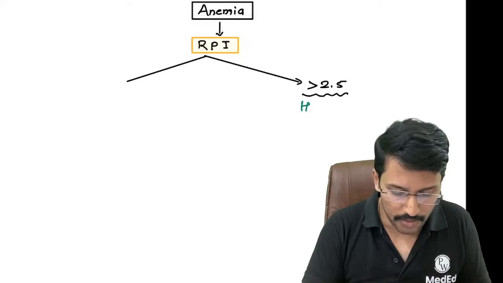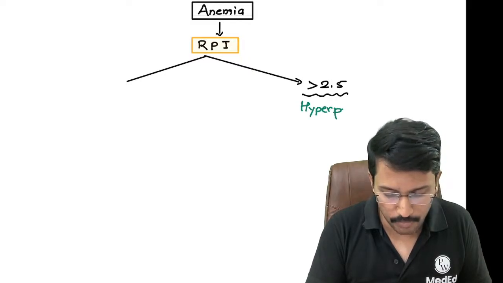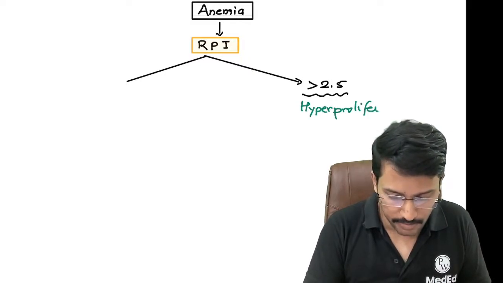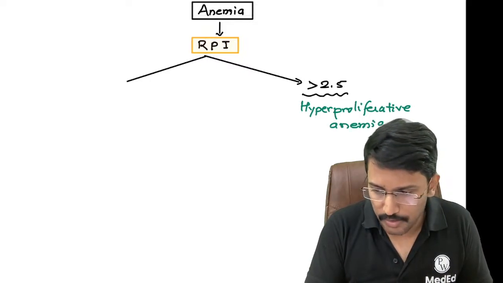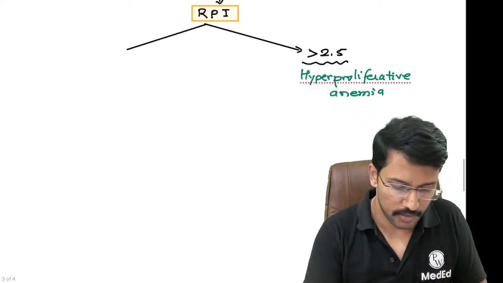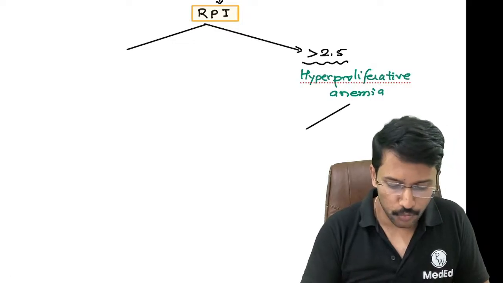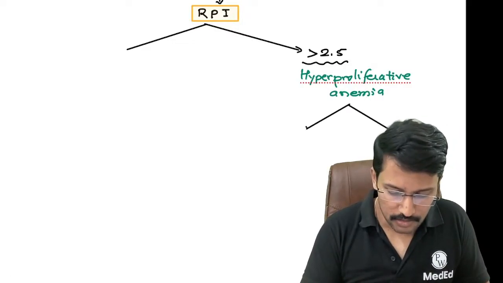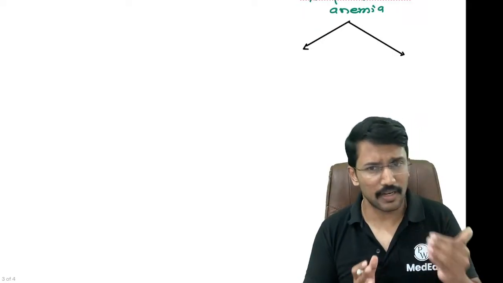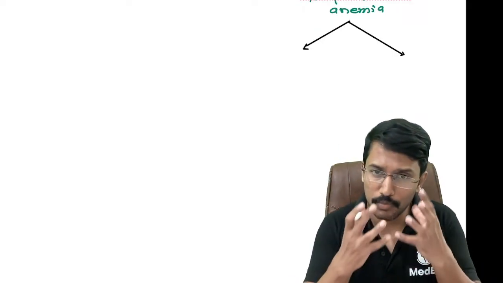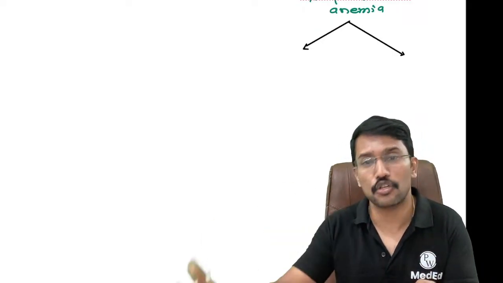In such cases we call it hyperproliferative anemias. Can anybody give me examples of hyperproliferative anemias? Where you have anemia, but it is not because of decreased production by the marrow. Most likely it is happening because your marrow is able to produce RBCs, but they are getting destroyed.